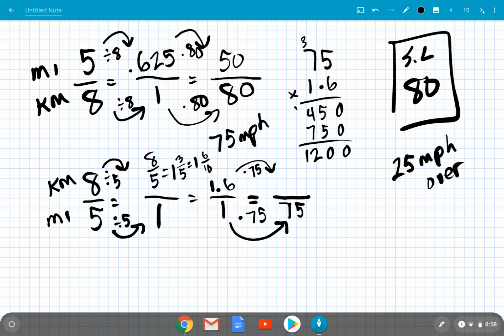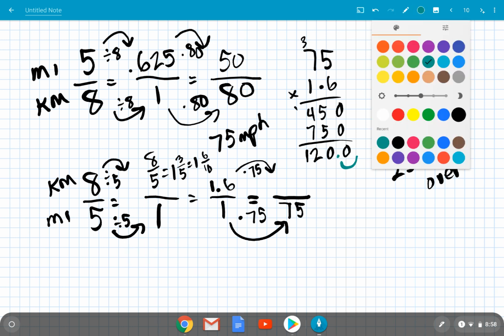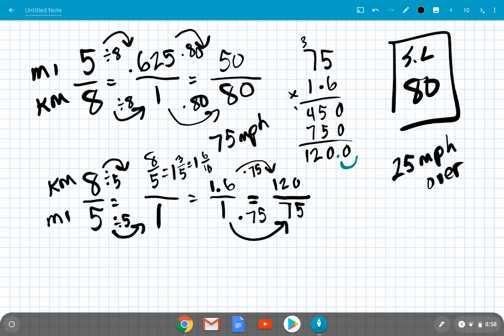I have to move the decimal point one place, which ended up right there. So I know that the girl's mom was traveling 120 kilometers per hour.